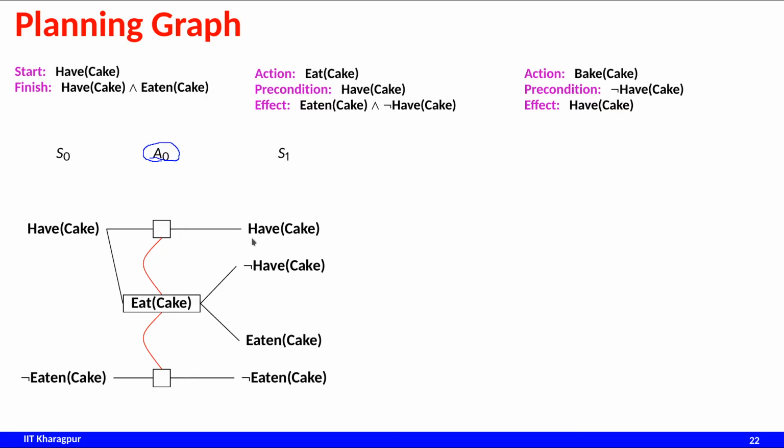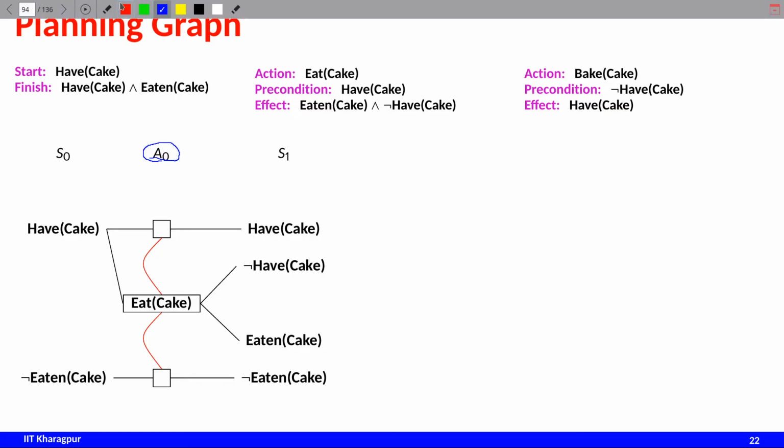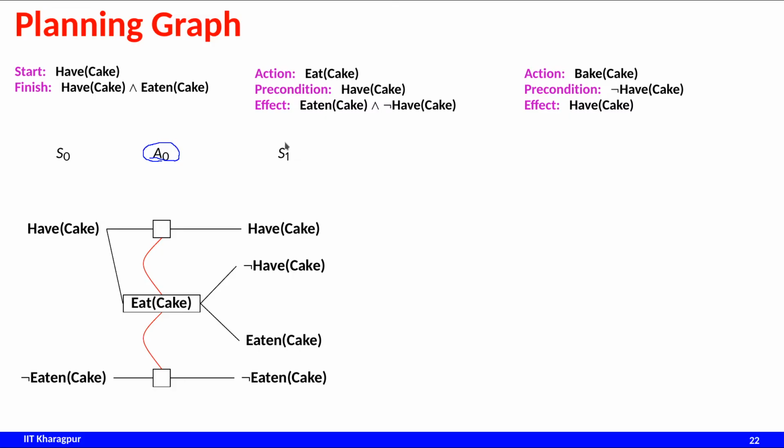Okay, now we will look into the state S1. Here we have these mutex actions, and that results in certain things. Similarly we will have some mutex literals, because I cannot achieve these two literals simultaneously. Again we will represent the mutex literals in a similar manner.